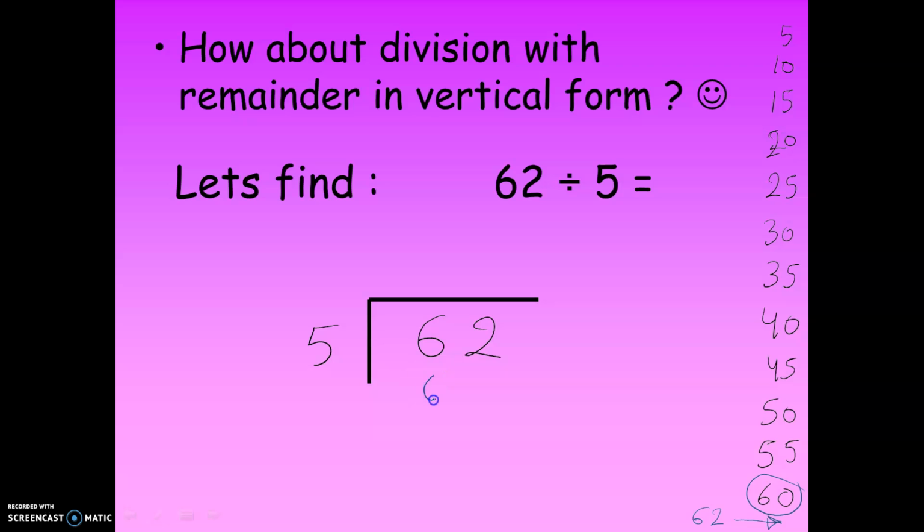So I will change the question to distributing 60 candies. If you want to distribute 60 candies to 5 friends, each friend will take how many candies? Number 60 is coming after 12 skip counts in the timetable of 5, so the answer is 12.